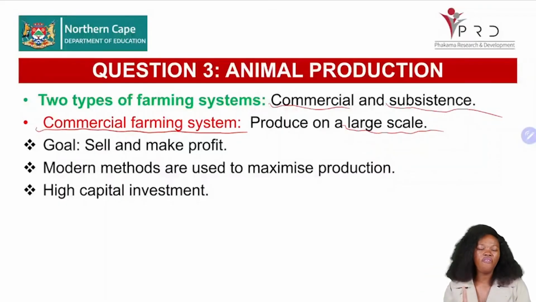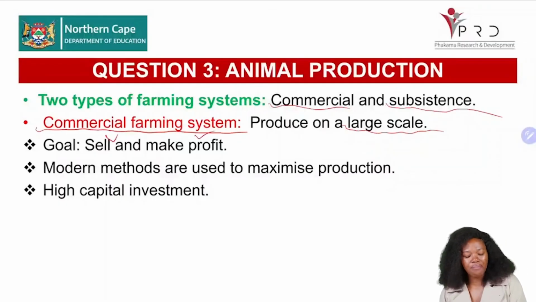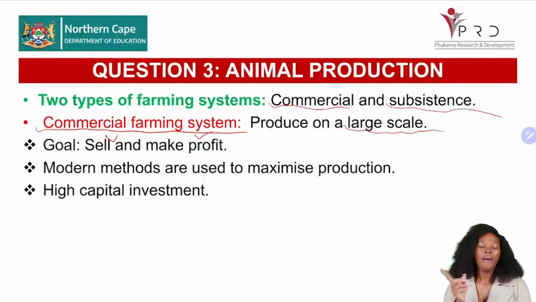A goal for the commercial farming system is to sell and make profit, but not to feed our own families. It is to sell and make profit, meaning this farmer contributes much to our economy. Why? The farmer is making money.